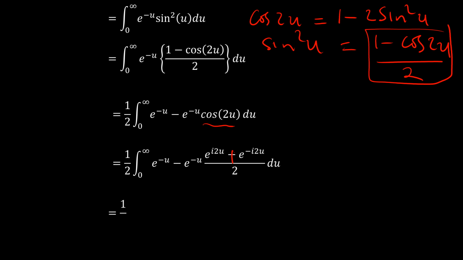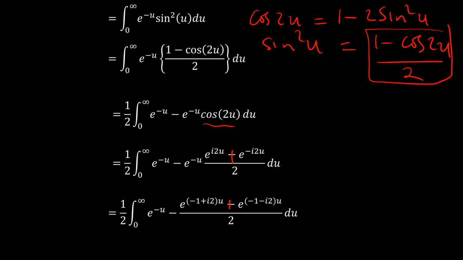And so when I combine everything together, I have a half times the integral from u equals 0 to infinity of e to the power negative u minus e to the power negative 1, and this is a plus here.